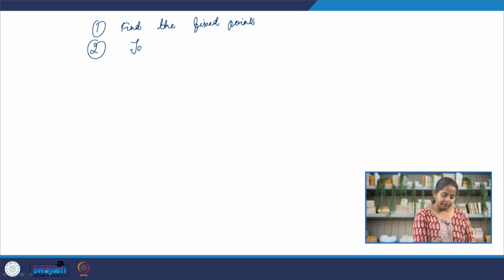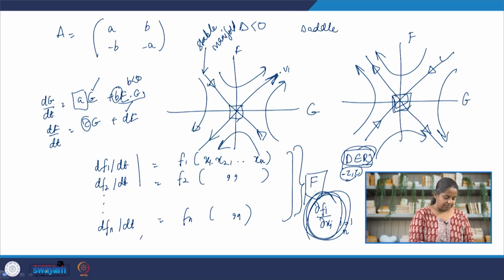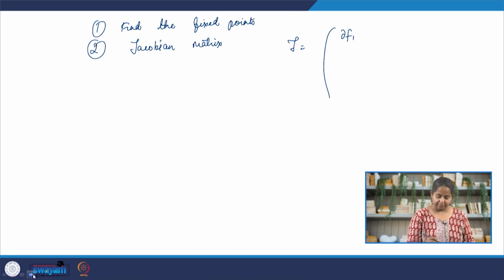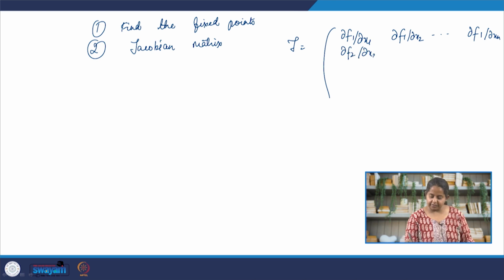Step 2 would be to find the Jacobian matrix. Now, how does the Jacobian matrix look? The Jacobian matrix J for the system F will look like so: the partial derivative of the first function F1 with respect to each variable, x1, and so on till xn, and then similarly for the second function, and so on till del Fn.